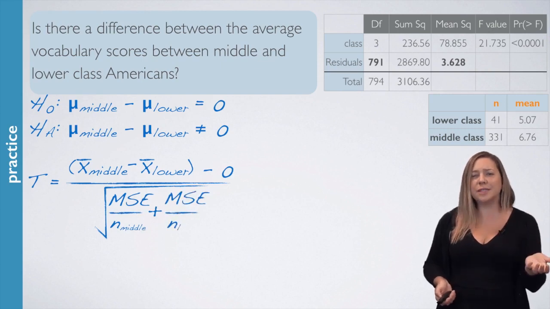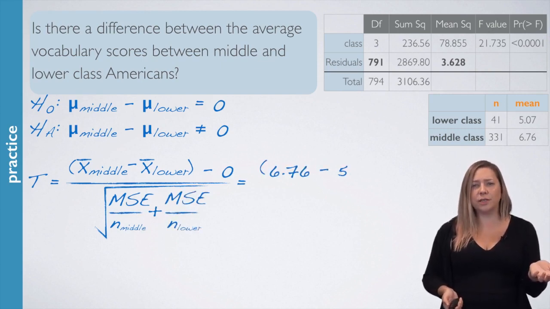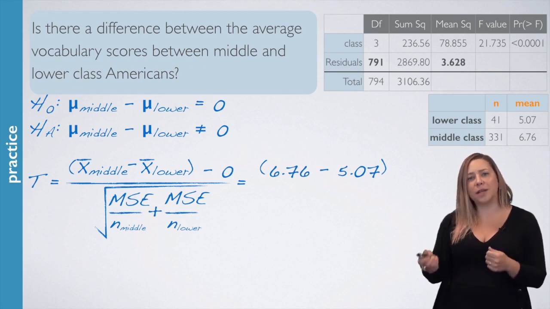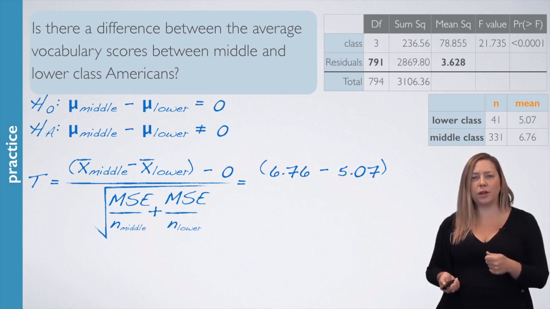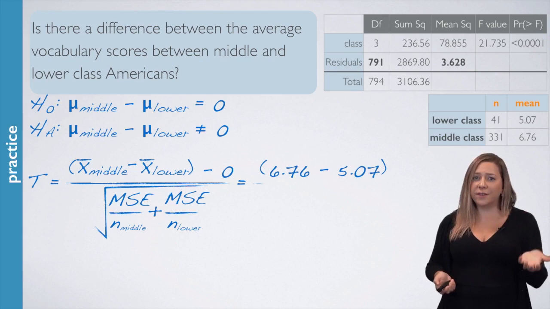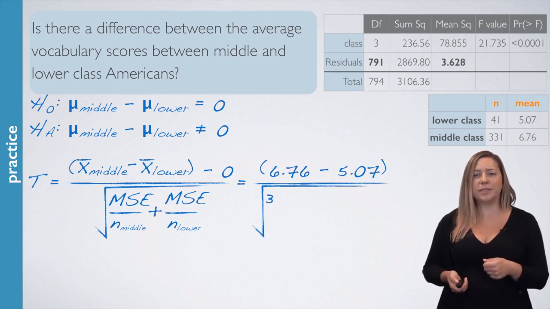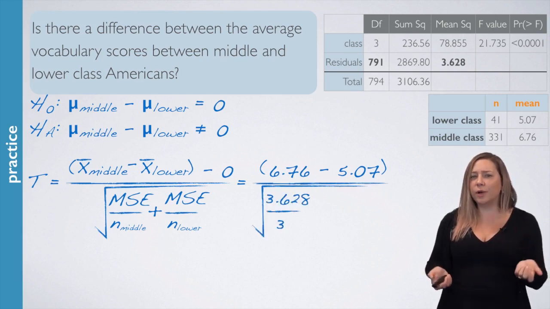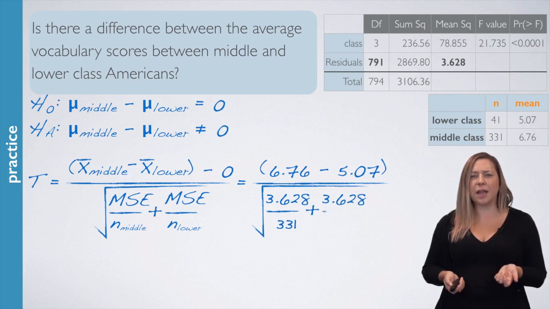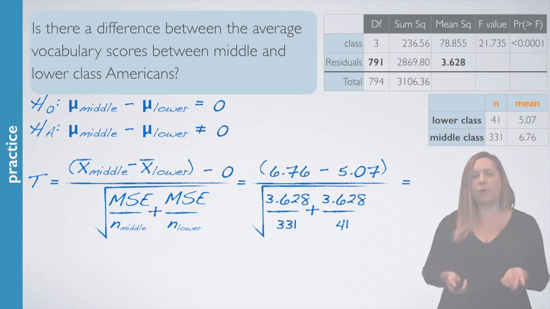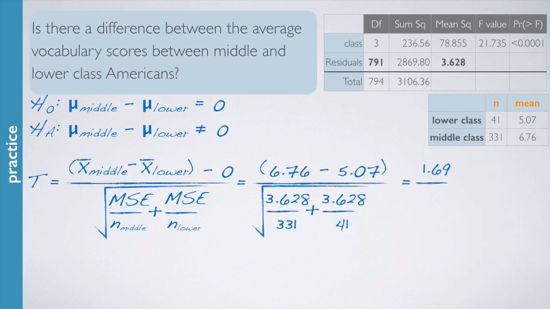That is 6.76 for the average middle class score minus 5.07 for the lower class score divided by the standard error, which yields a point estimate of 1.69 and a standard error of 0.315 for an overall t-score of 5.365. And the degrees of freedom comes from the ANOVA table, 791.